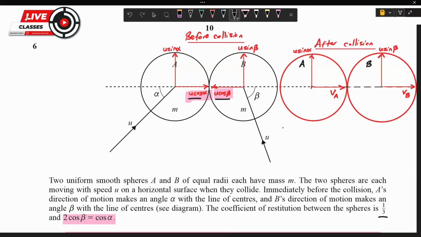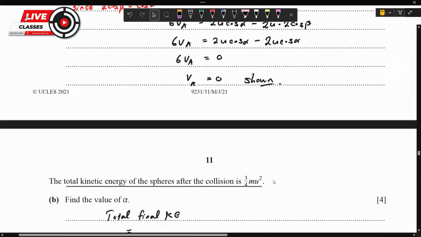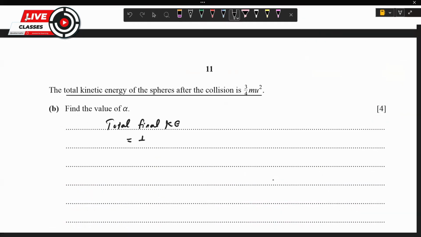So VA is equal to 0. So the particle will be going completely upwards. So the speed will be u sine alpha. Okay, so the kinetic energy will therefore be half m of u sine alpha squared, and that's going to be plus.